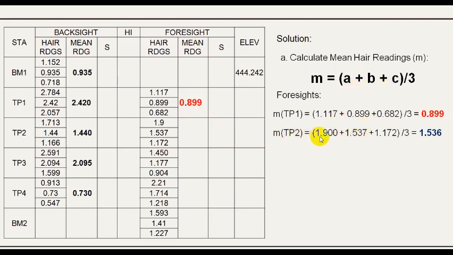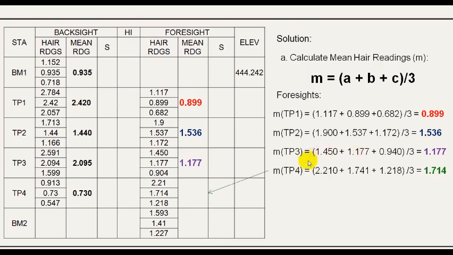So, turning point 2, 1.900 plus 1.537 plus 1.172, then divided by 3, which is equal to 1.536. Then turning point 3, turning point 4, and lastly the benchmark 2.